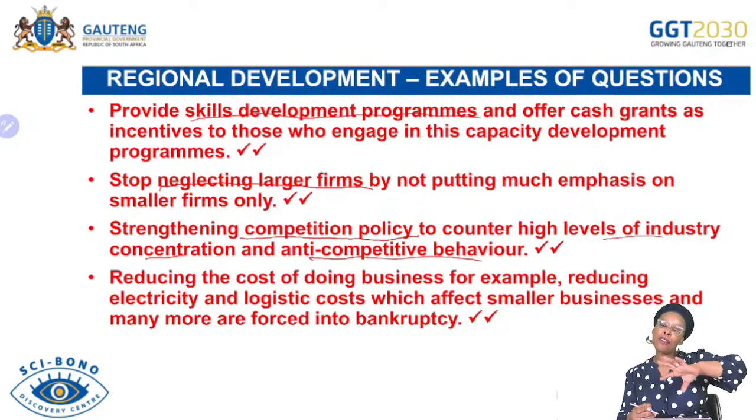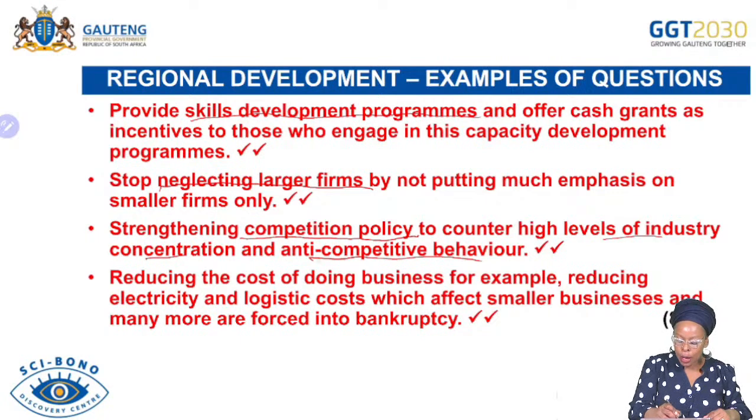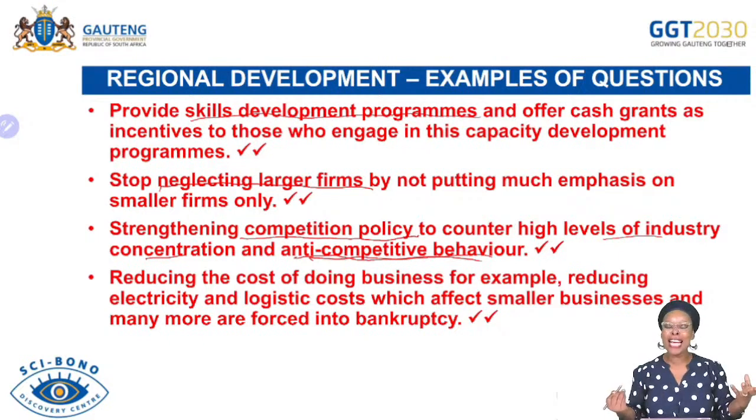This will avoid concentration of businesses in one area, and this will also prevent these industries from merging illegally or abusing power by charging higher prices and exploiting the consumers.